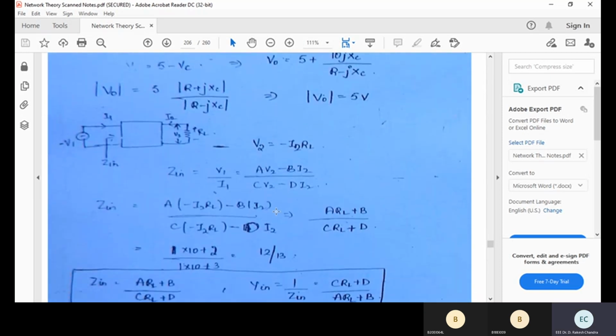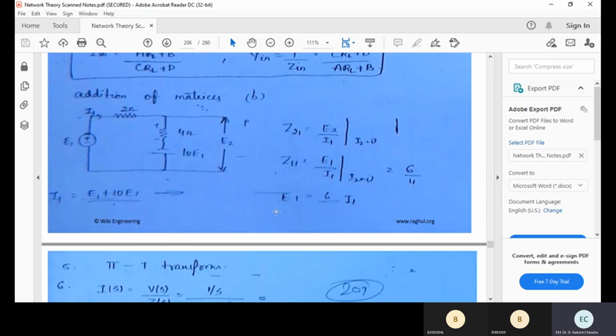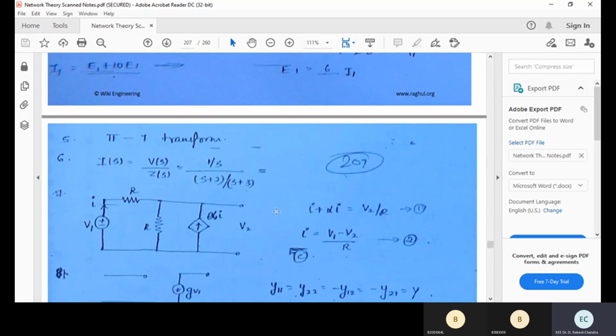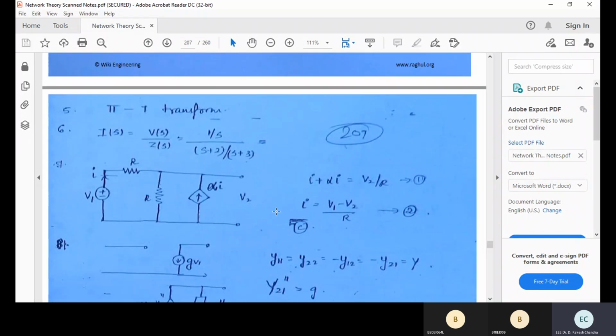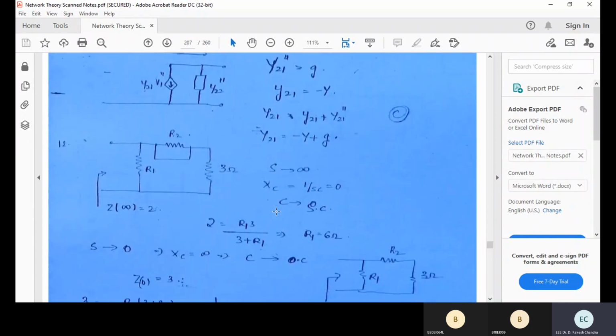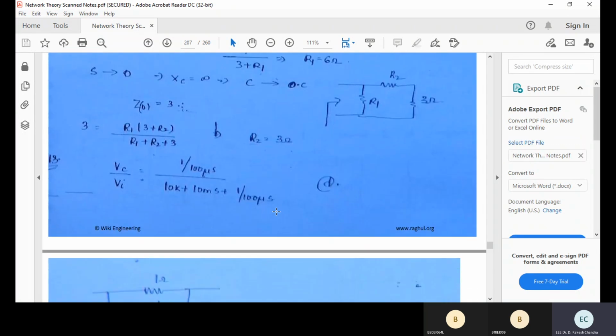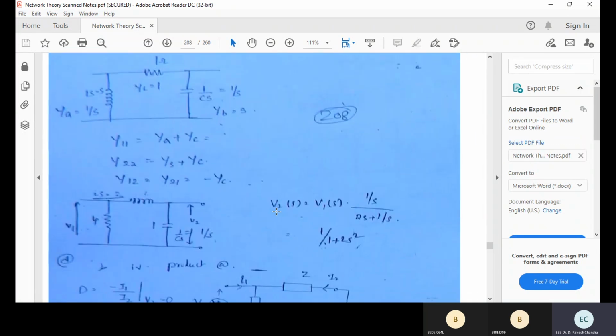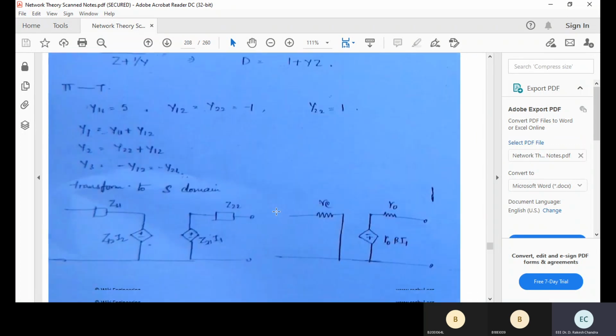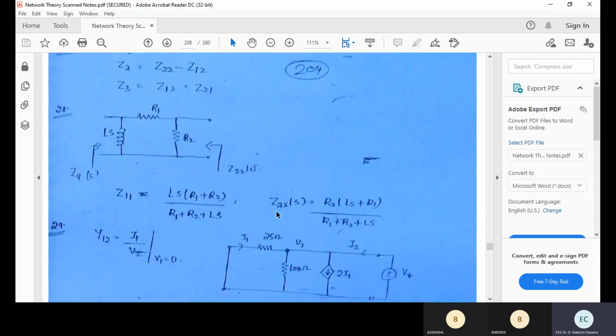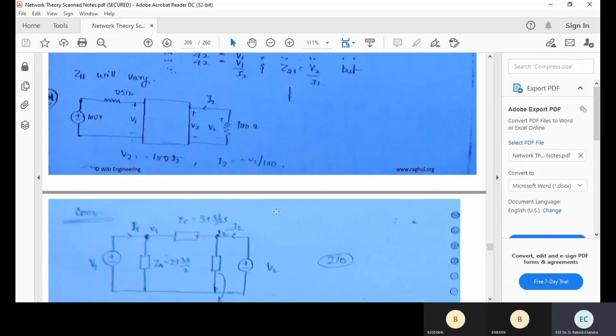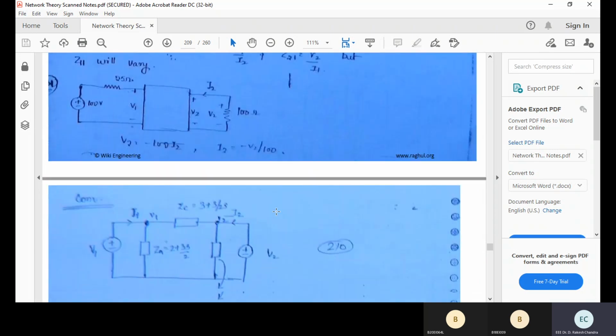This type of 2-port network problems we will solve in the next class, based on the dependent sources and the independent sources, how to calculate any of the parameters, maybe in terms of Z or in terms of Y or H or G. These 4 parameters are there in your syllabus.